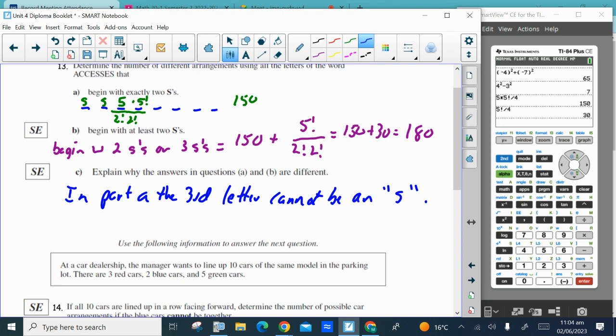But it can't begin with any other letter. It has to begin with an S. It's at least, so at least means 2 or more. Yeah. So we did the scenario. 2 spaces are an S. That third one could be an S. So the 2 are off the limits, and then the 6 factorial is in that space, possibly being an S.